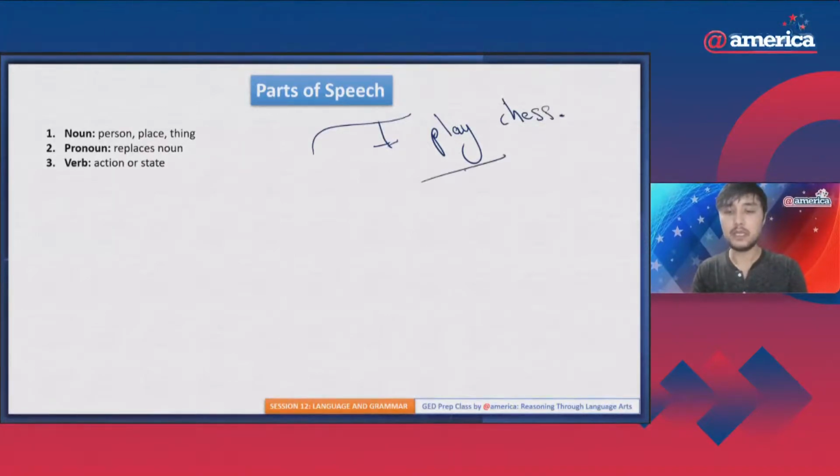Right? Play is an action. It's something that is done by this person, me. And then chess is the object of the sentence. And if you want to use verbs as states, you say I am happy.